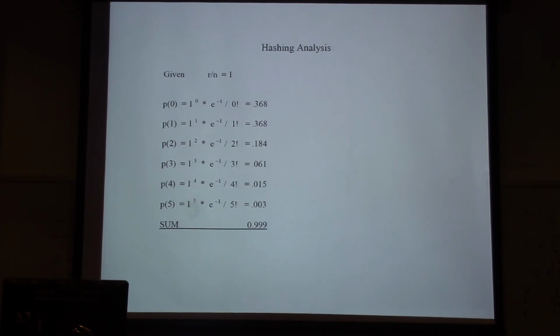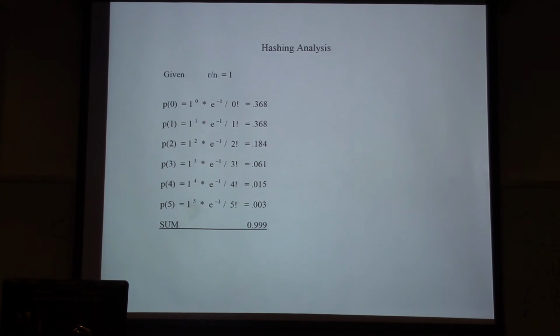What does it mean? It means that every slot has a probability of 0 being 37%. That means, on average, 37% of the slots will have 0 records hashed to them. So if we have 1,000 slots, suppose that n is 1,000, you can expect 368 of those slots to have 0 records hashed to them, which is unbelievable.